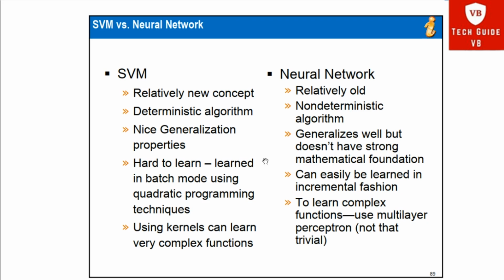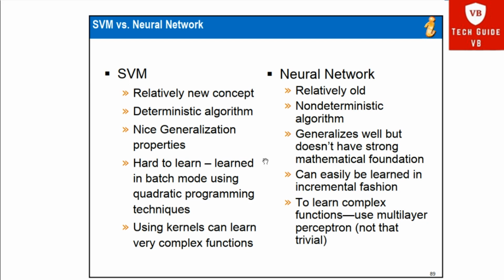Okay, then the next difference is SVM is hard to learn. It learns in batch mode using a quadratic programming technique, but neural network can easily be learned in incremental fashion. This is the advantage of neural network.